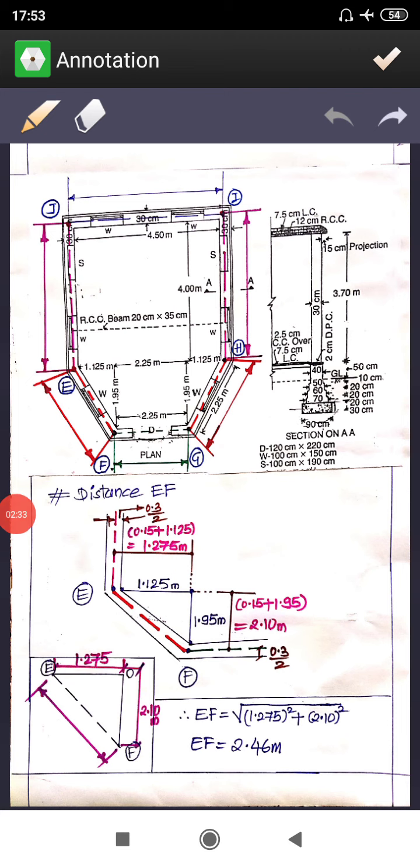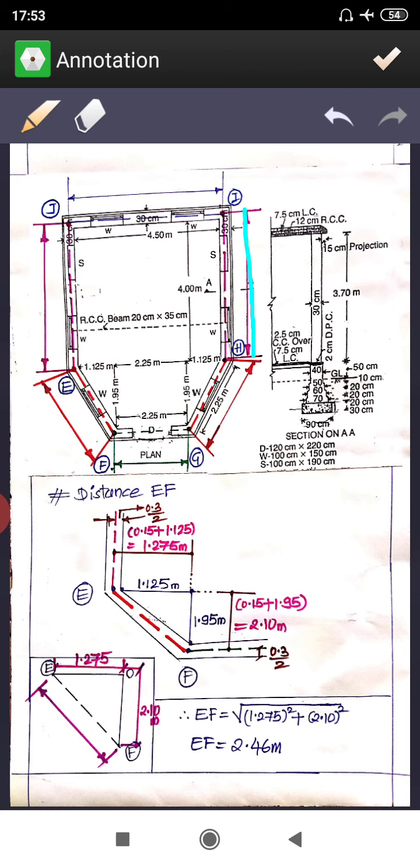It is not necessary to take the longer length as the long wall and the shorter length as the short wall. For the sake of understanding, I take a center to center distance and add one full width. See my line HI: I take HI center to center and then add one full width.